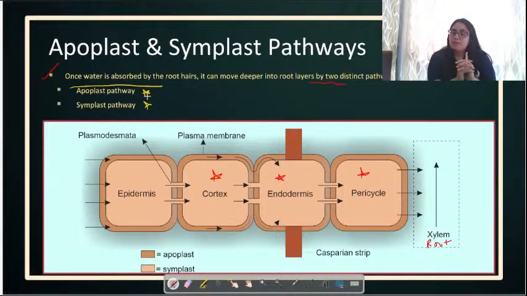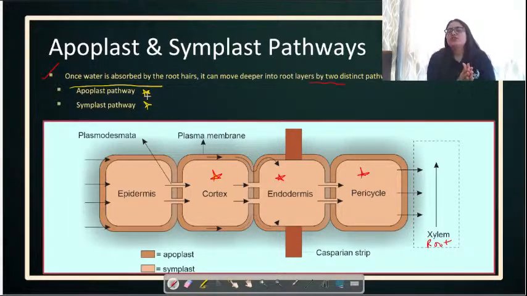Now kids, the most obvious question that should come to your mind is, which path will the plant take, the apoplast or the symplast or both? Such are the questions that should come to your mind. Now listen to this very carefully, students. Which path is actually preferred when water is trying to dive deep into the root layers? It will choose apoplast over symplast or symplast over apoplast. All this will depend upon several conditions. For example, the major one is the water potential gradient.